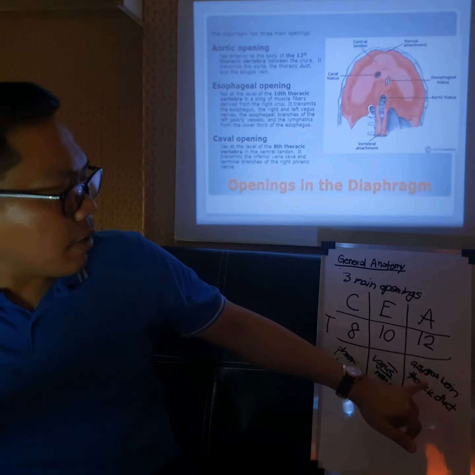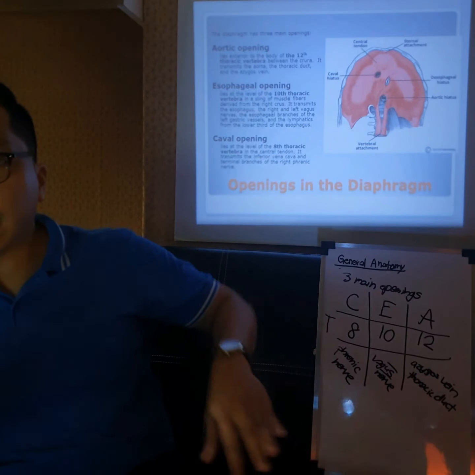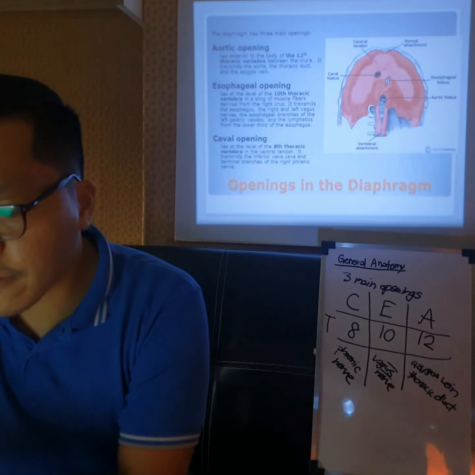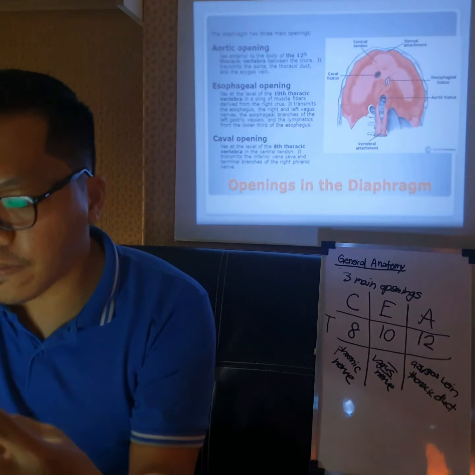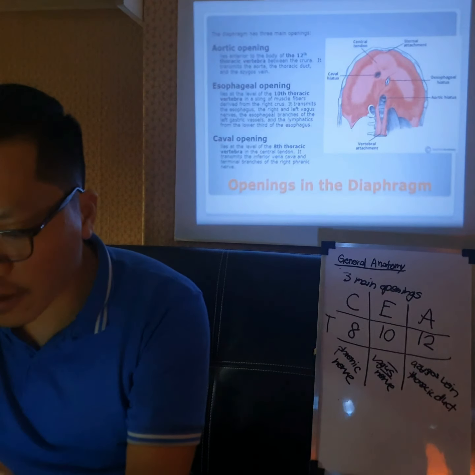Again, we have azygos vein and thoracic duct. So, review ulit tayo. CEA 8, 10, 12. We have phrenic nerve, vagus nerve, azygos vein, thoracic duct.